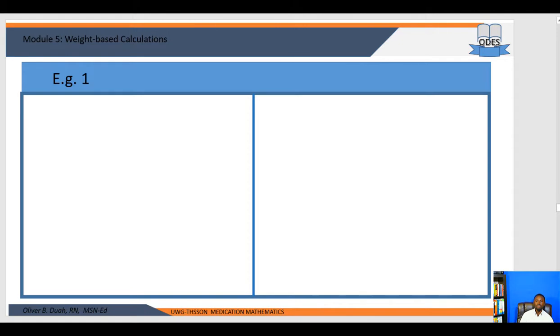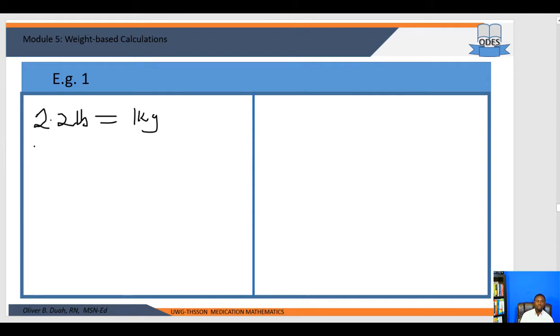We have to convert that to kilograms, and so we will set up our proportion the same. We know for every 2.2 pounds we have 1 kilogram.